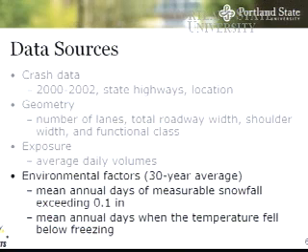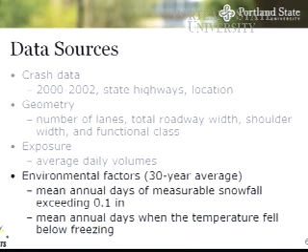And to include some environmental factors, we obtained 30-year average data for two measures that we thought were related to ice formation on highways. One was the mean annual days with measurable snowfall above 1/10 of an inch, and the second was mean annual days when the temperature fell below freezing.